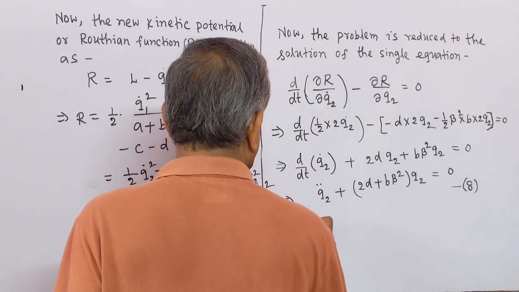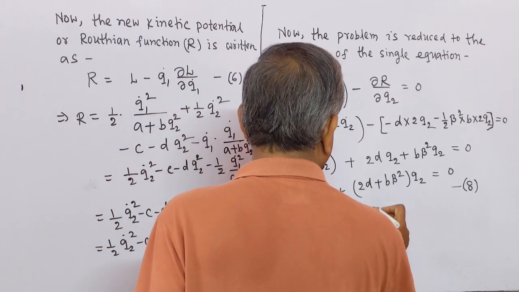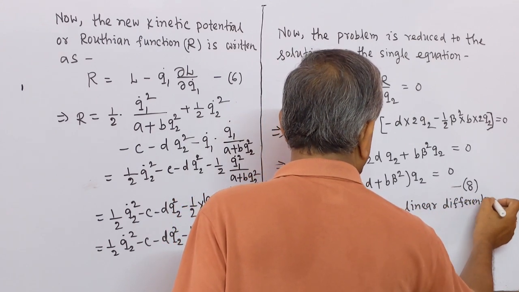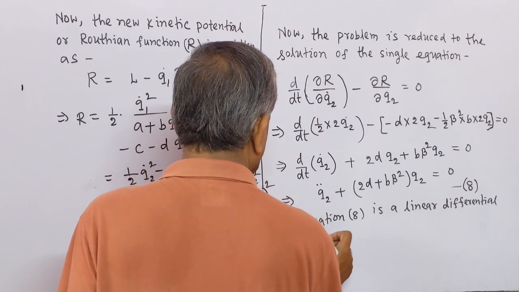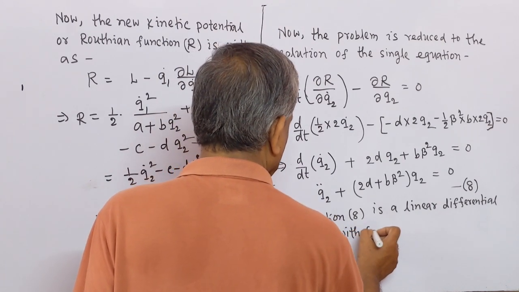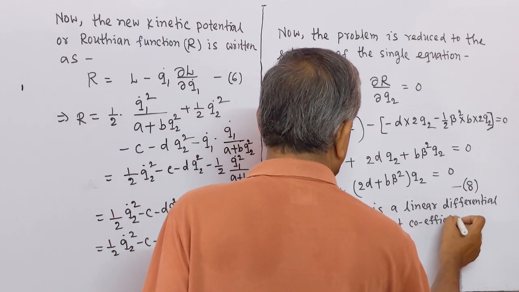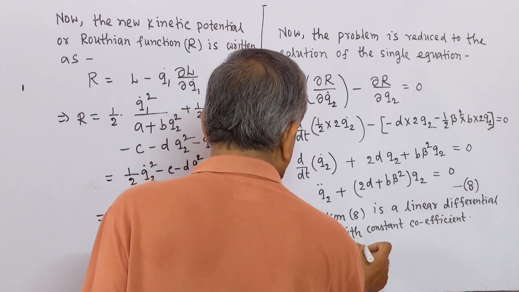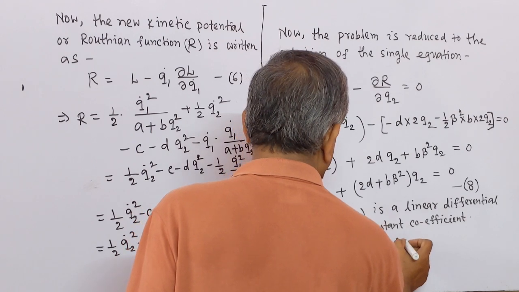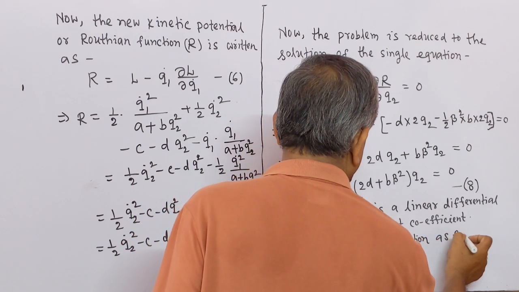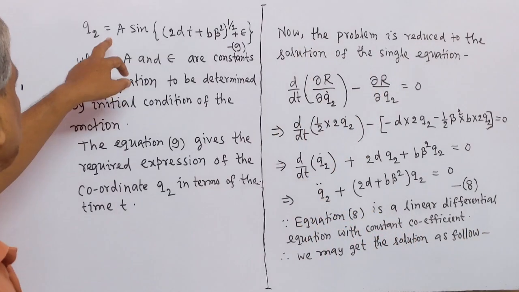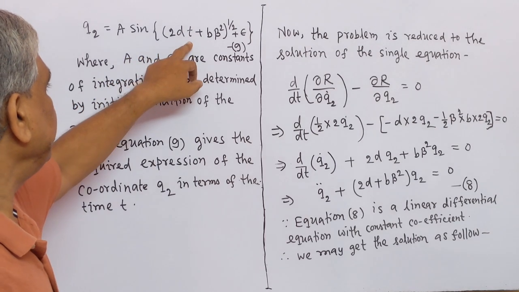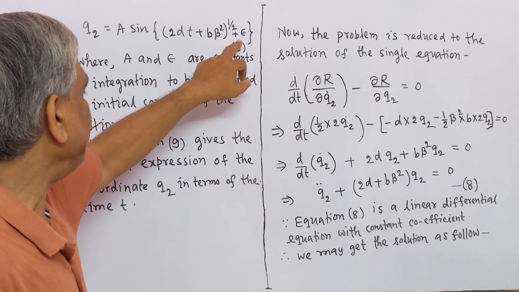Since equation 8 is a linear differential equation with constant coefficients, we may get the solution as follows. Q2 equals A sine of ((2D plus B beta square) to the power half t plus epsilon).